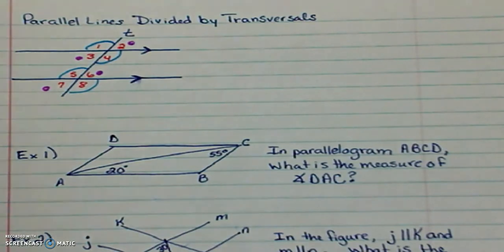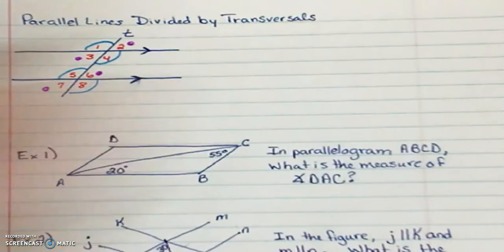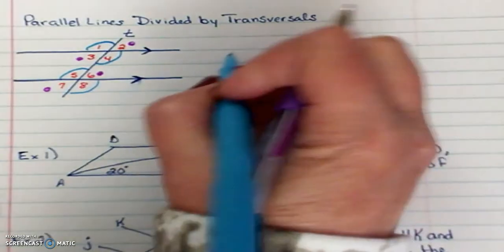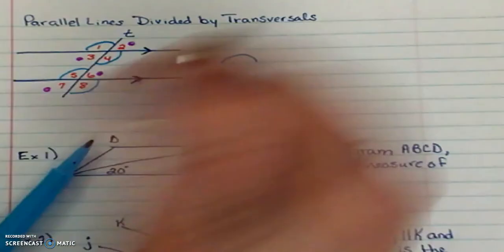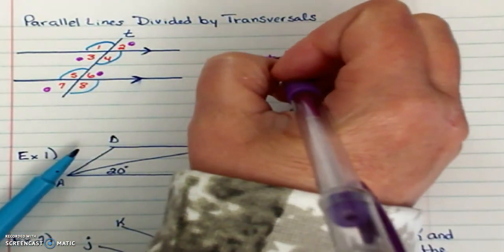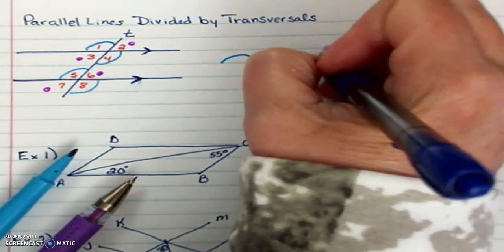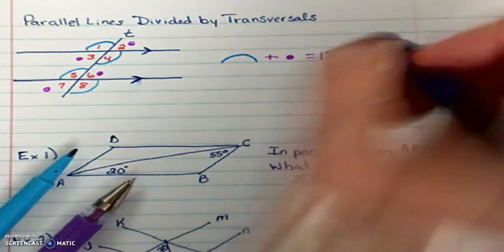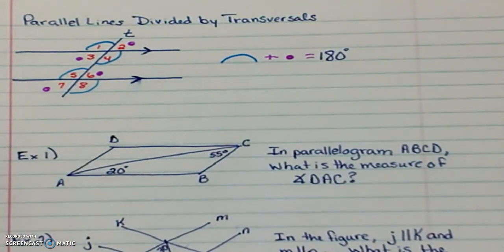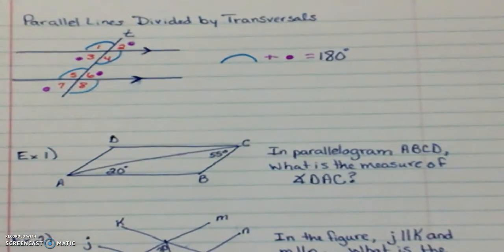Remember, supplementary equals 180 degrees. So between the tick marked angles and a dot angle, those 2 angles have a sum of 180 degrees. If you remember that, you should do pretty well with problems that deal with that.